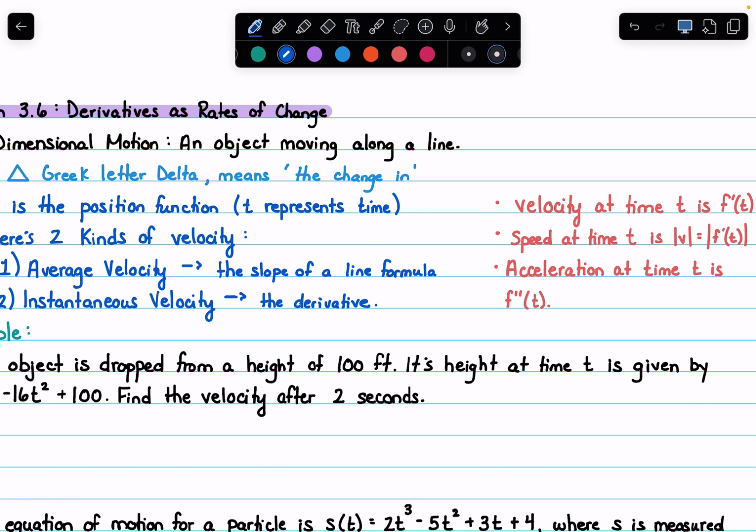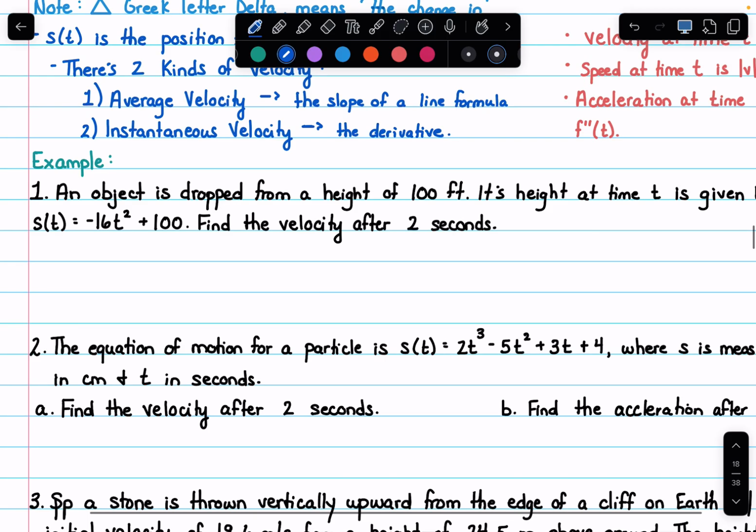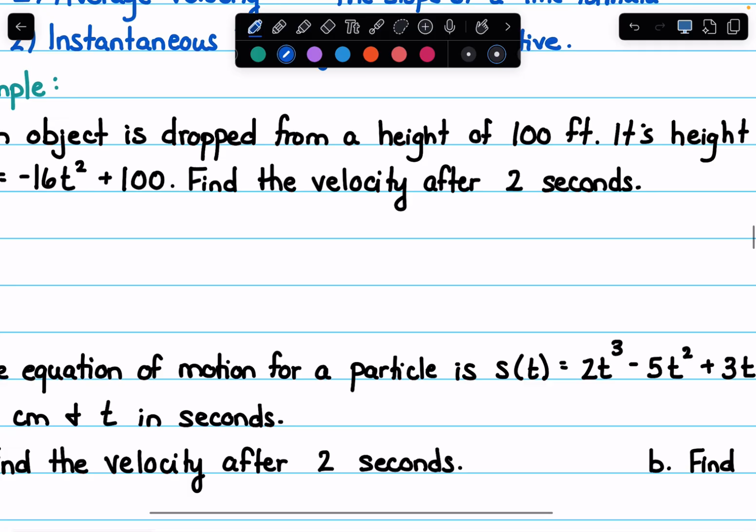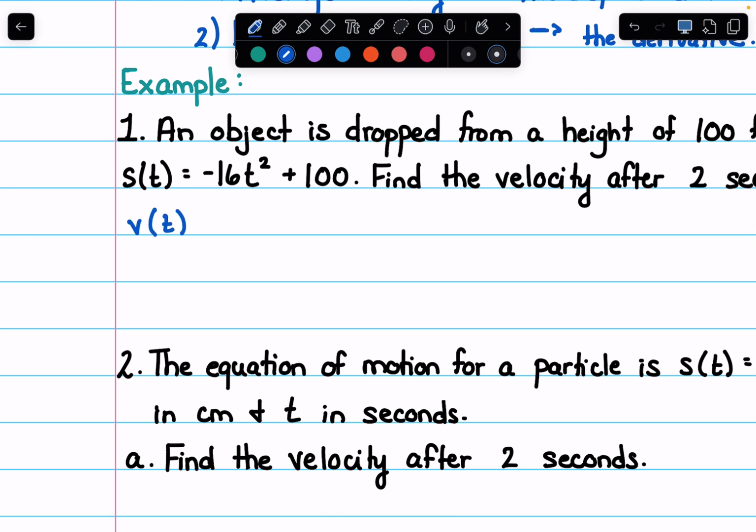Okay? So we're going to work these. Once again, they're not a huge deal, okay? It says an object is dropped from a height of 100 feet. Its height at time t is given by that position function. Find the velocity after 2 seconds. So we are looking for the velocity at a certain instance. We're looking for the instantaneous velocity. So the velocity at time t: we just need to take the derivative of our position function, right? Which is what?